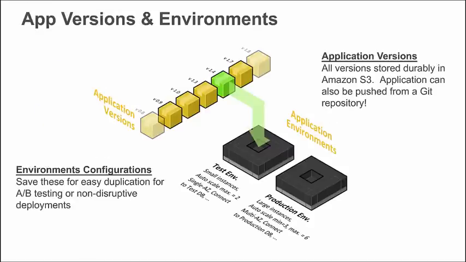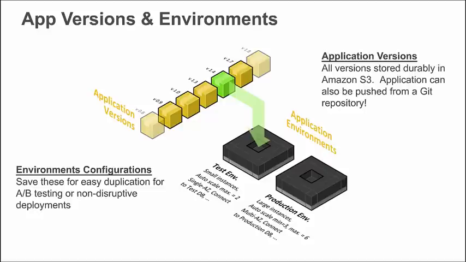As you're building and iterating on your application, you'll probably be generating new releases, new versions of your application. AWS Elastic Beanstalk allows you to easily manage different versions of an application. In AWS Elastic Beanstalk, an application version refers to a specific labeled iteration of deployable code.